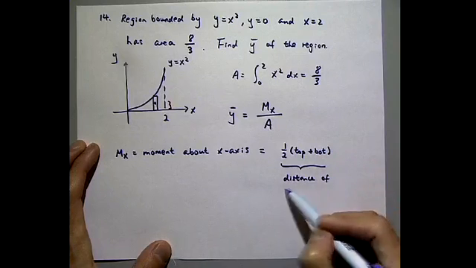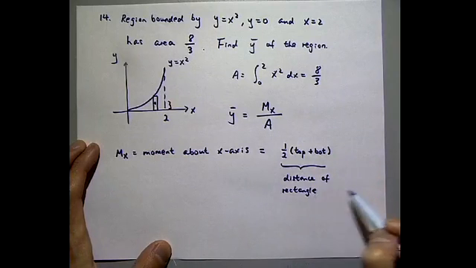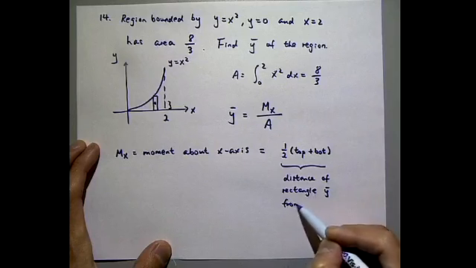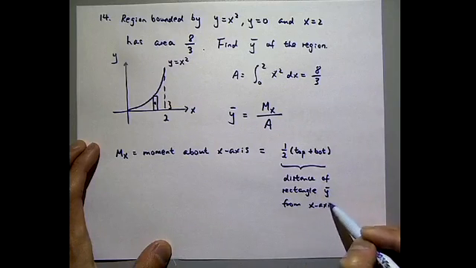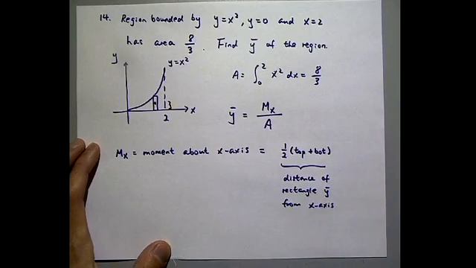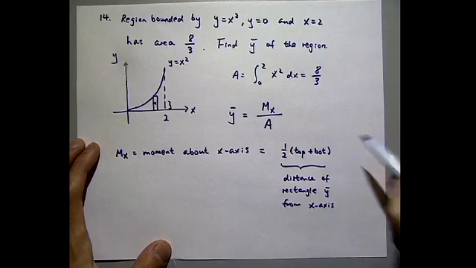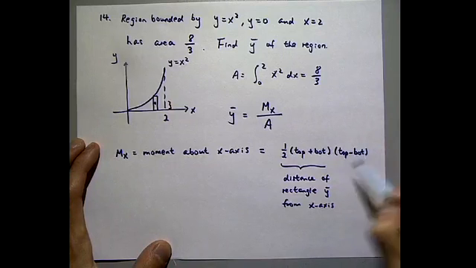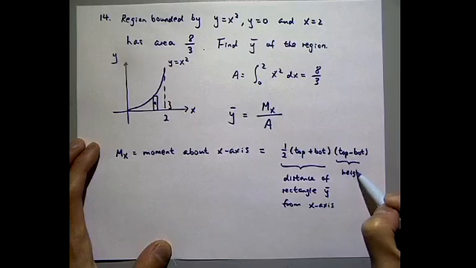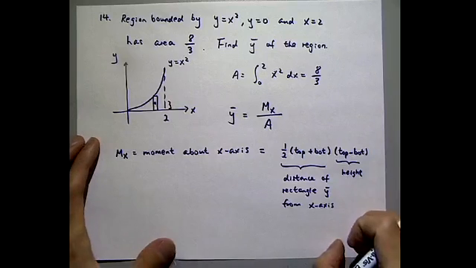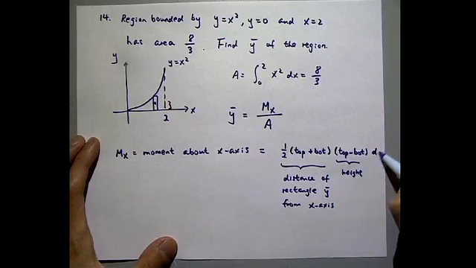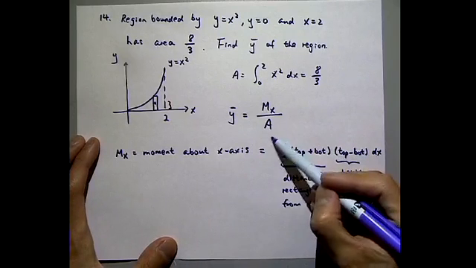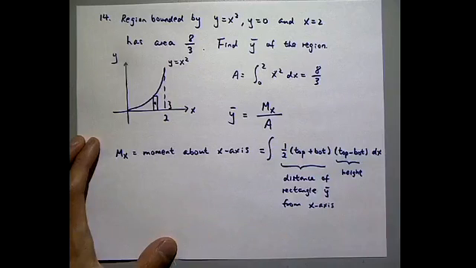Distance of rectangle y bar from the x-axis. And then we need the height of the bar. That's the top minus the bottom. And then the thickness, dx. And then integration from left to right.